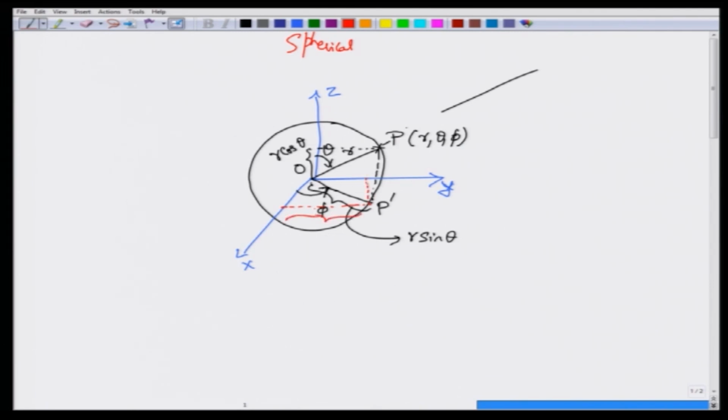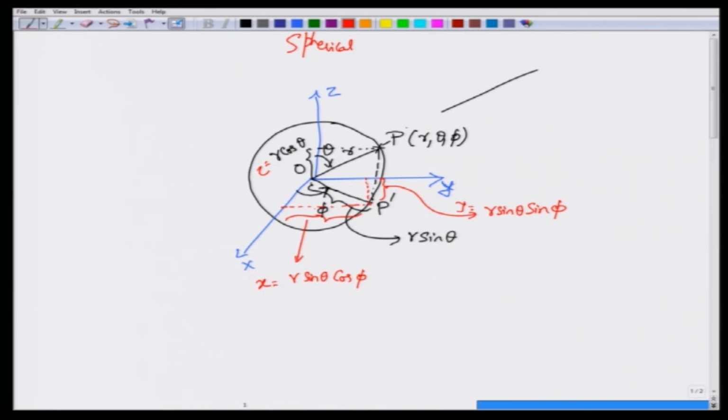This length, from the point p prime back onto the x axis, has the value r sin theta, which is the length of the radius, times cos phi, whereas the y value is given by r sin theta sin phi. So, in fact, these are the conversion formulas that we were looking for. Z is r cos theta, y is equal to r sin theta sin phi, x is equal to r sin theta cos phi.